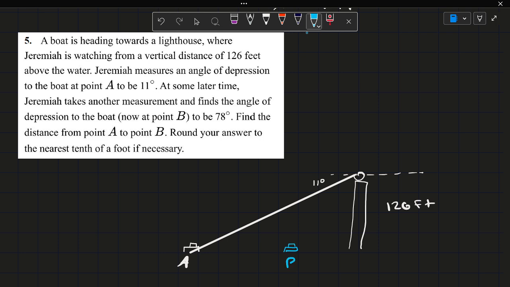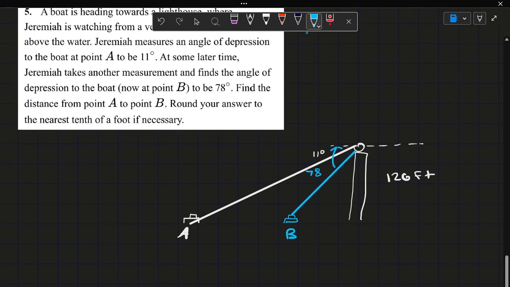And obviously this is not to scale. That's going to be 78 degrees, and remember it's going this way. It's going to touch the horizontal line. So it's saying find the distance from point A to point B.